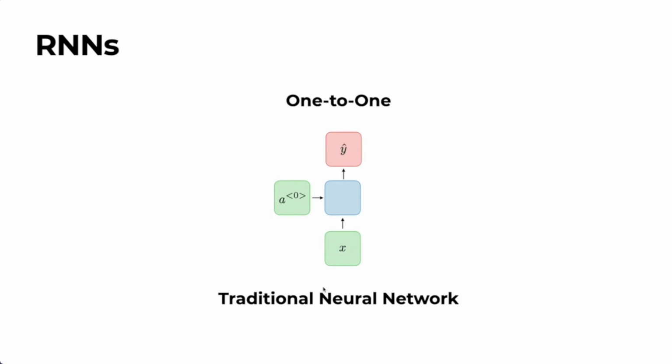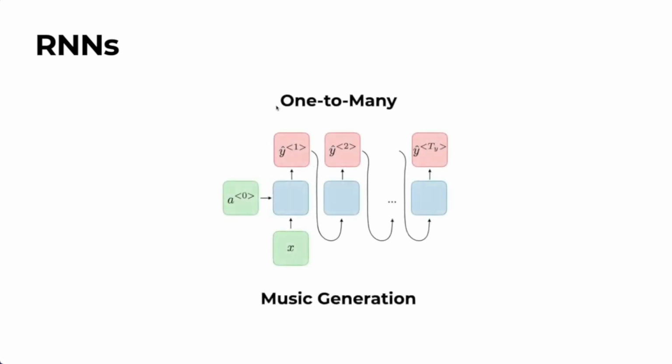So this is what we get with traditional neural networks, and recurrent neural nets, on the other hand, operate on sequence data. So they operate over a sequence of vectors, and this could be sequences in the input, the output, or in both. And this allows for many different applications. For example, we can have a one-to-many relationship, which can be used for music generation.